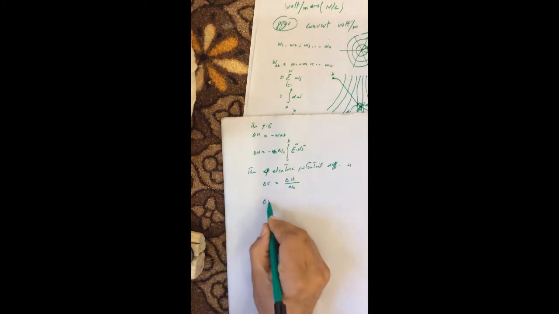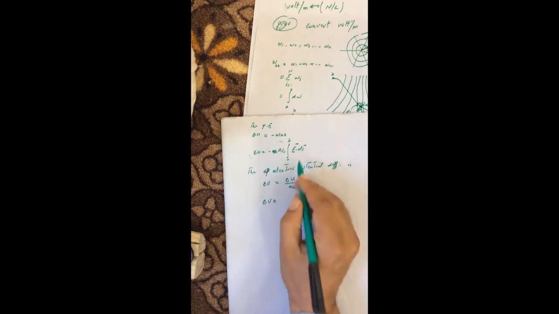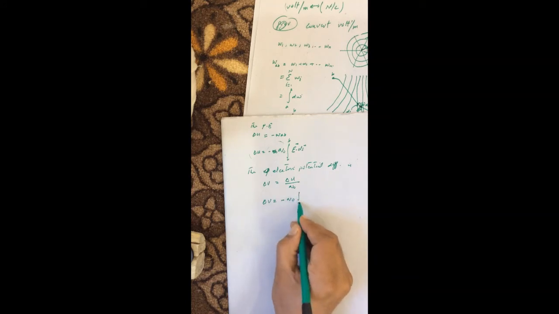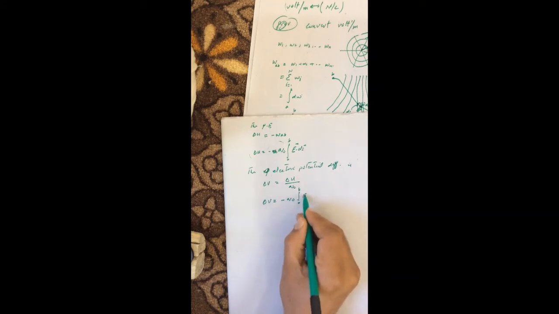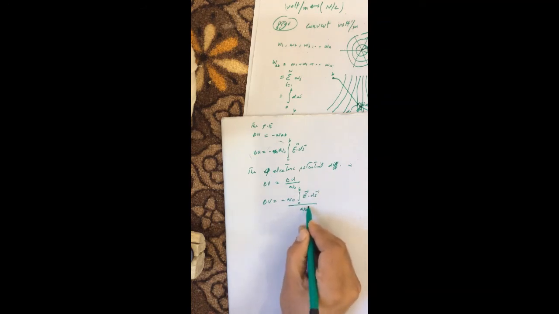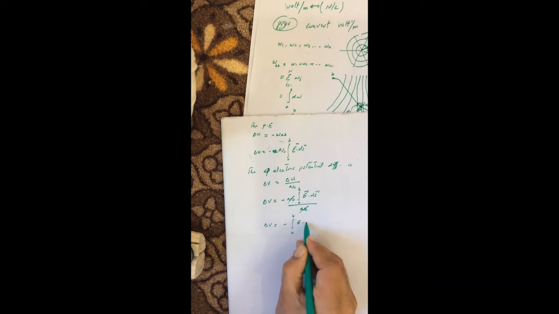Now delta V, using the value of delta U, is equal to minus Q naught integral from A to B E dot ds over Q naught. Q naught cancels with Q naught. So we have delta V equal to minus integral from A to B E dot ds.